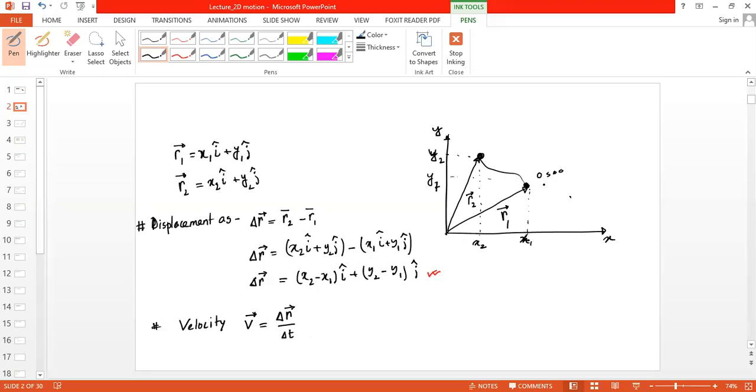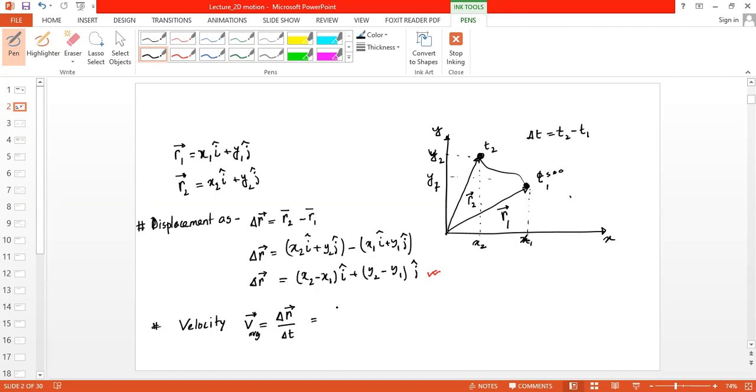Initially the time was t1 and the final time was t2, so the time difference is t2 minus t1, which is delta t. So velocity means total displacement divided by total time. By the way, this is called average velocity: total displacement over total time.